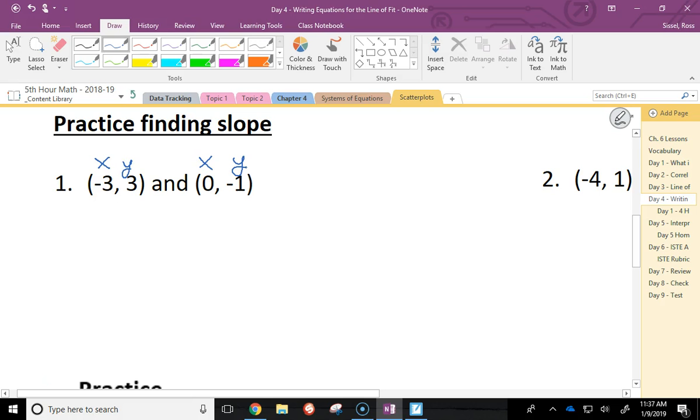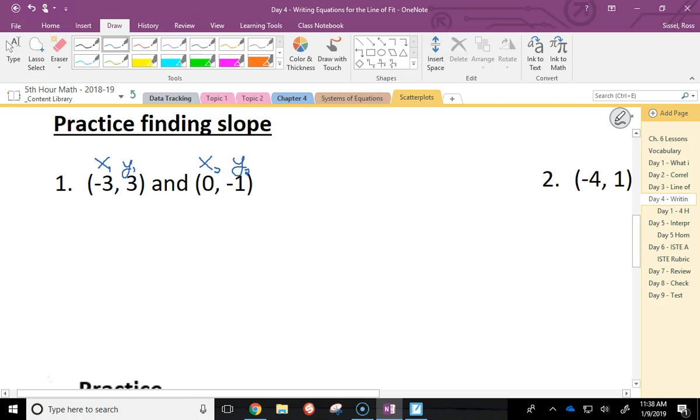When we're identifying which one's which, this one came first, so it's x1 and y1. We know what came first, if you want to get technical, because -3 is farther to the left. It's less than 0 on your x-axis. So this would make this x2, y2. Remember, that little 1, that little 2, all that means is which one is which.